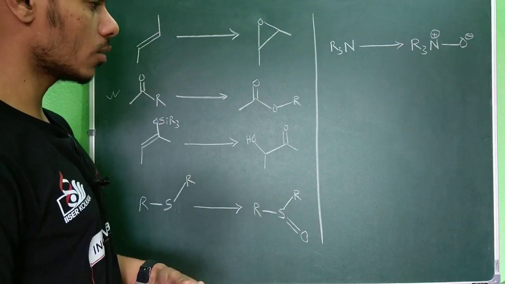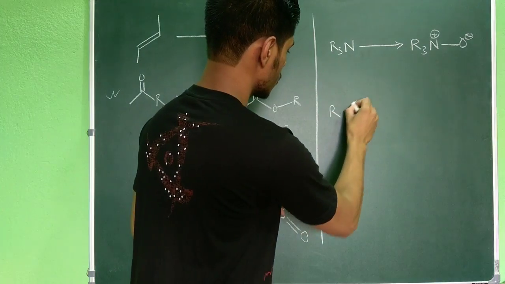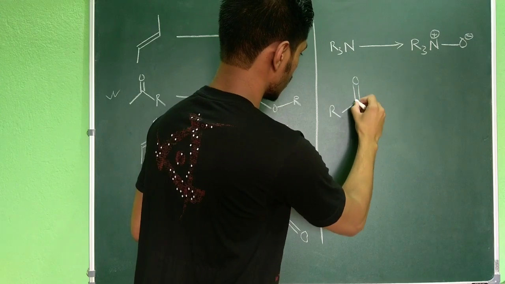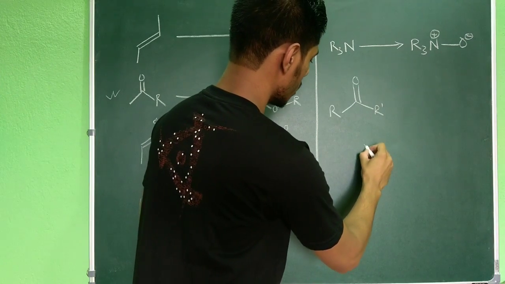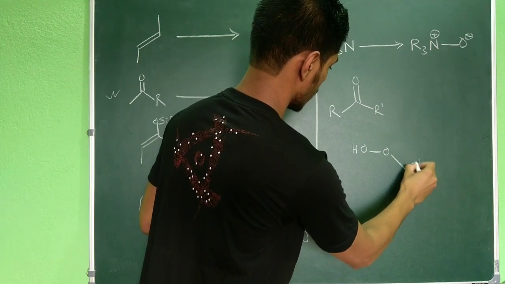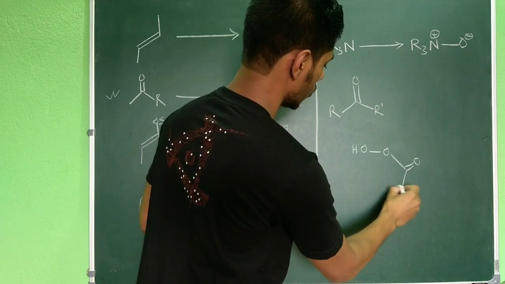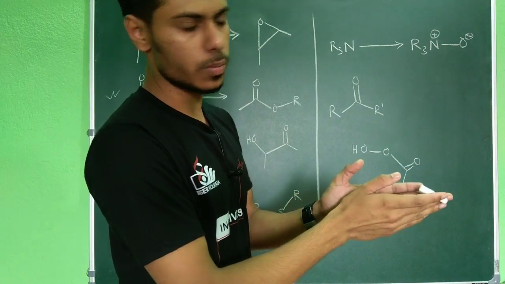If I write down the brief mechanism of this particular reaction, let's say this is R dash, and now you have the metachloroperbenzoic acid. This R group is basically the metachlorobenzene group.